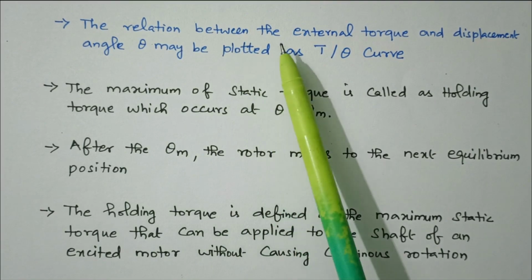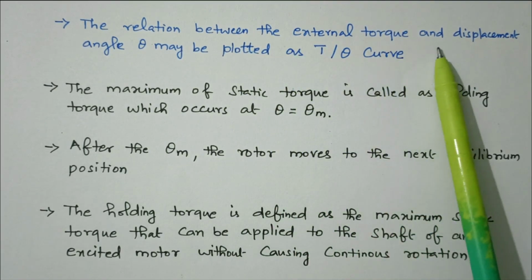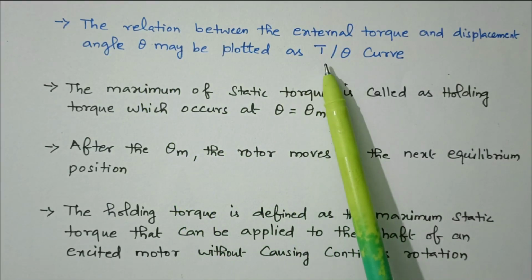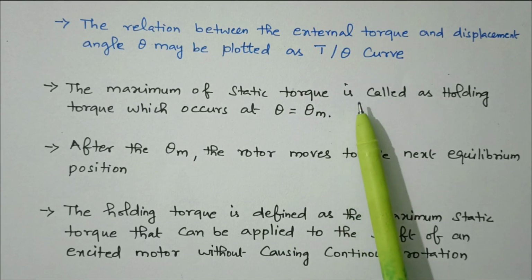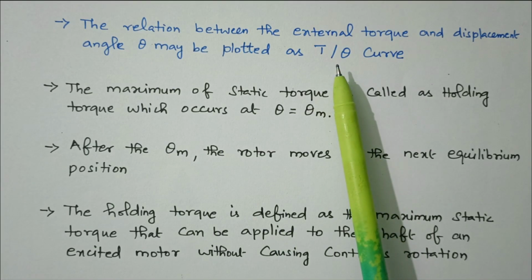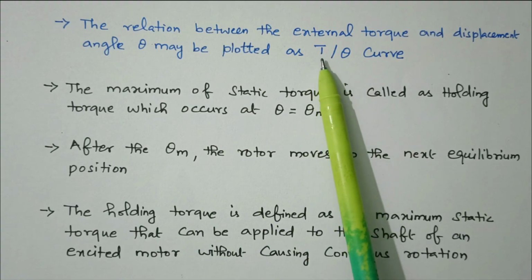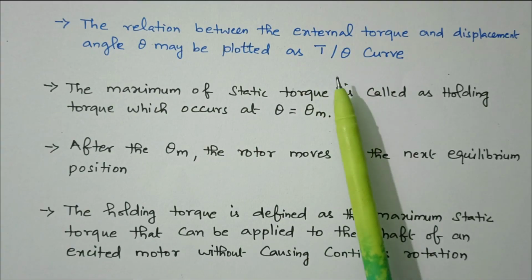The relation between the external torque and displacement angle may be plotted as the T theta curve. So we are drawing the graph between torque and step angle.